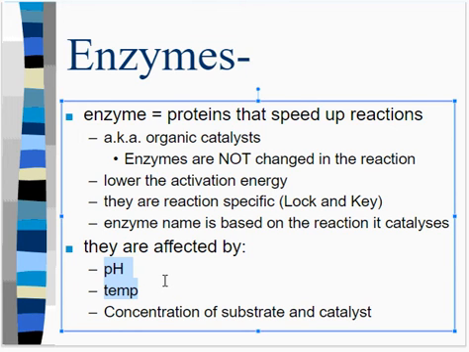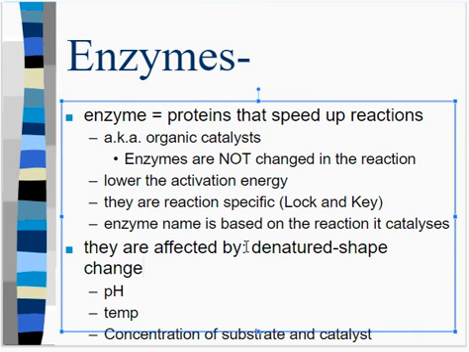There's a very important term for this change in shape that you need to be familiar with, and that term is denaturing. Right. If an enzyme changes shape and it won't work the same anymore, that is called denaturing.